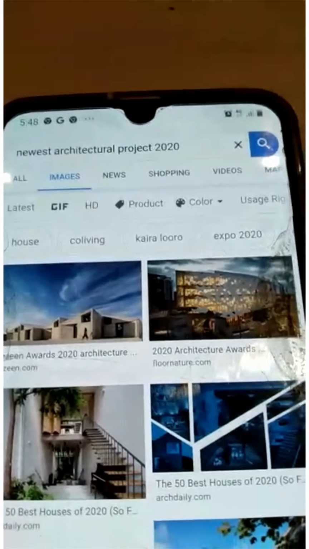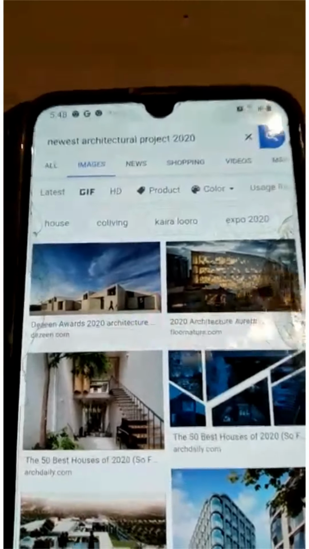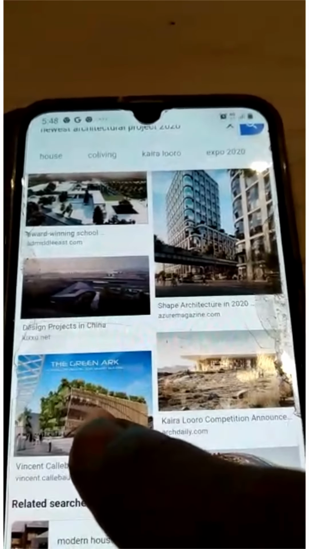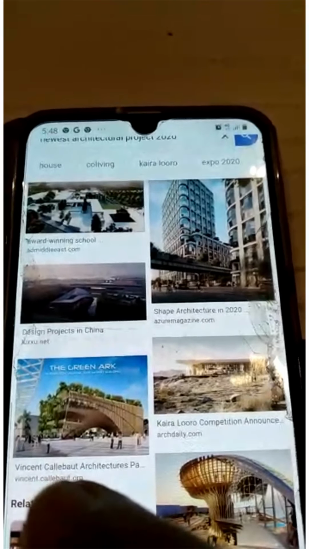So here's another that I would look at in the morning in terms of reviewing, to see what else would jump out. And interesting, another one is, for example, this one with the green factor, because of Mr. Vincent Calibo Architectures.